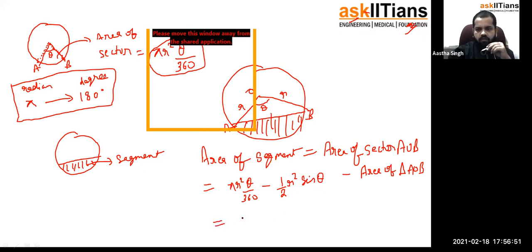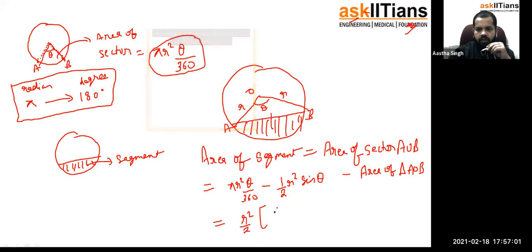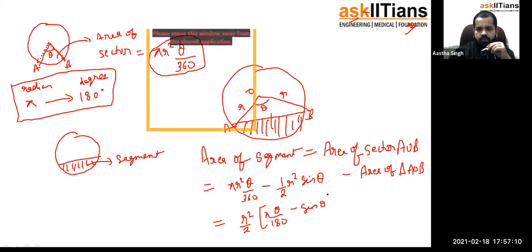So R square by 2 will be common, then theta upon 180 into pi minus sin theta. Theta upon 180 is basically in degree. If your theta is in degree, then just put this formula.